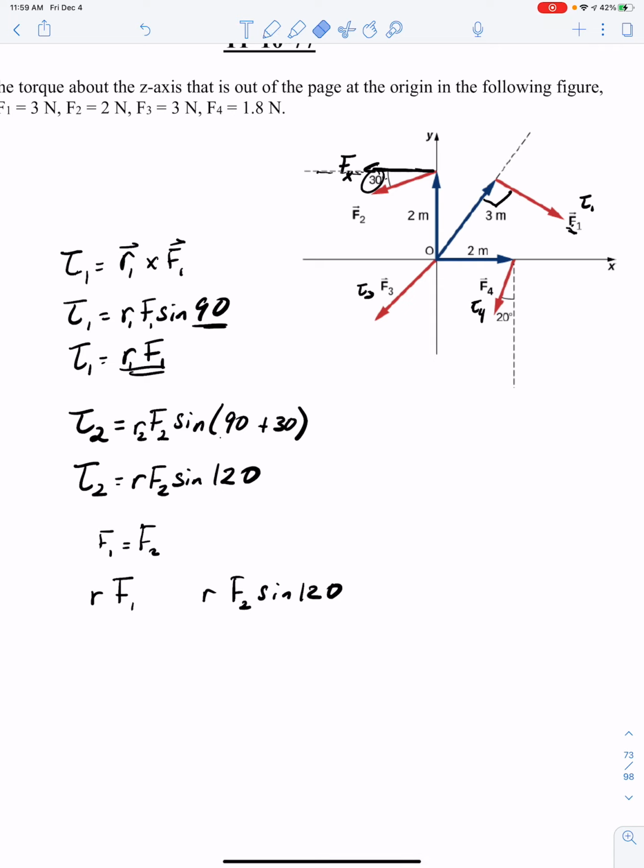Because they're equal to each other, but now we have something that we have to consider, sine of 120. Because it's sine of 120, I believe that the angle is, I'm doing the calculation on my phone, give me a second.